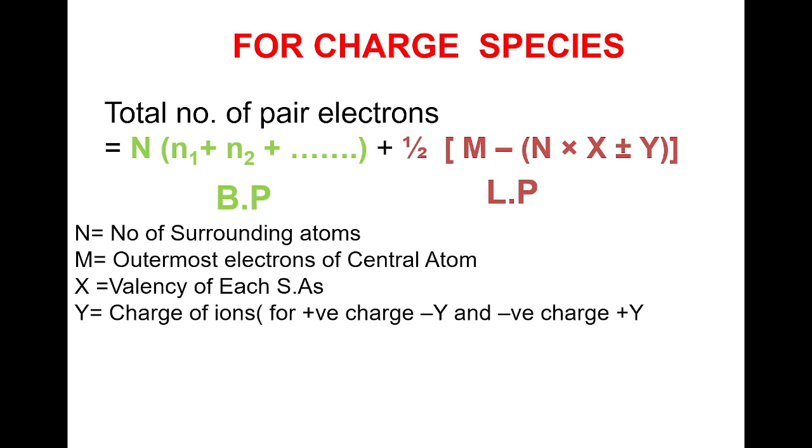If there is a positive charge, then we subtract the charge. So Y is the charge of the ion: for positive charge minus Y, for negative charge plus Y.